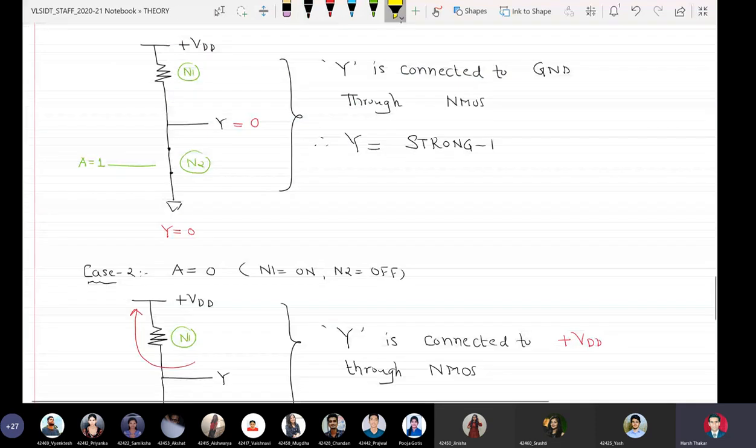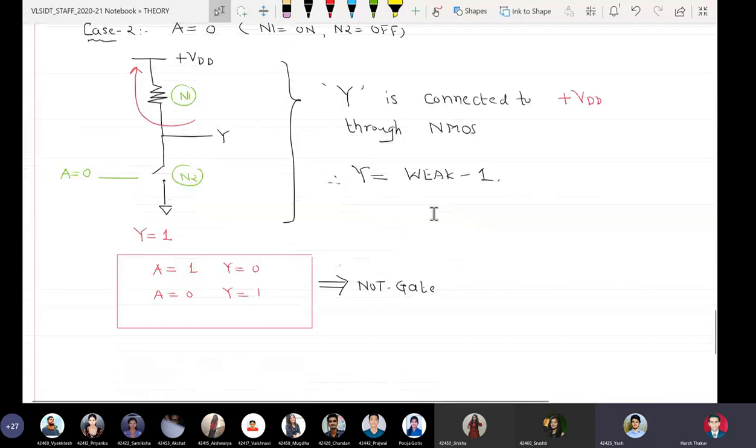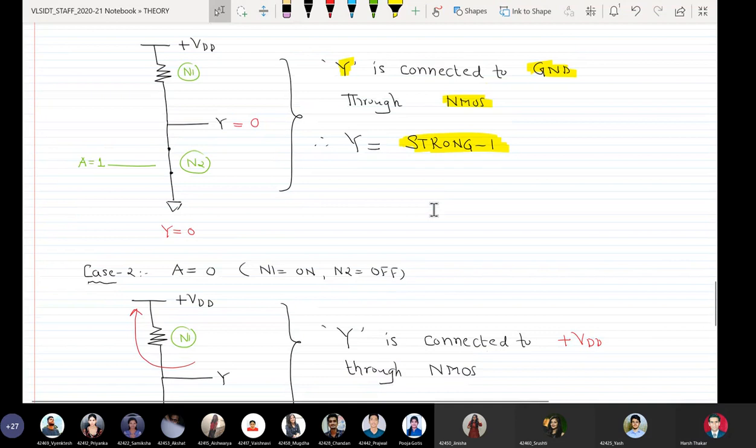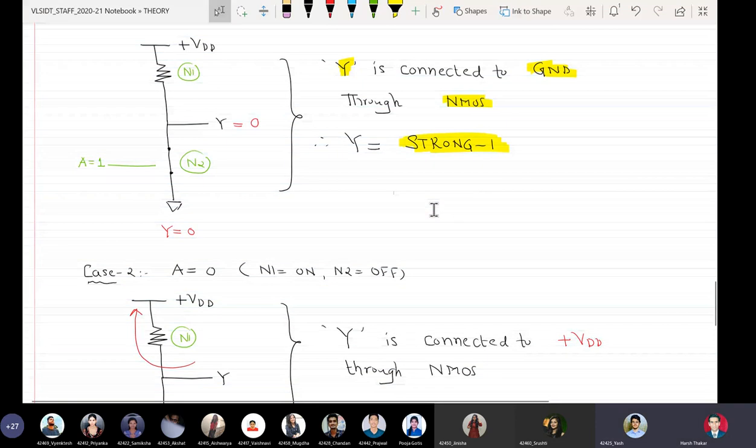In this case, Y is getting connected to ground through NMOS, so Y is strong 0. Sorry, yes, it's strong 0. Very sorry.